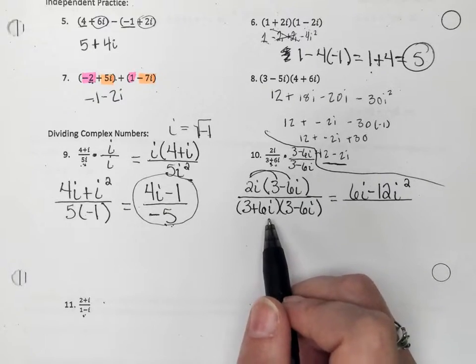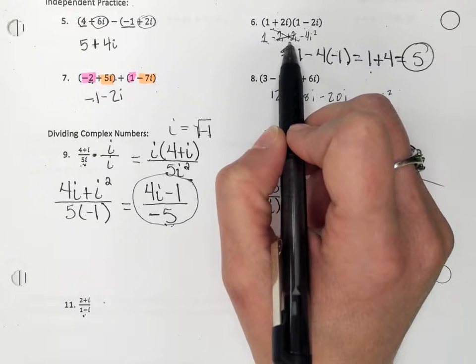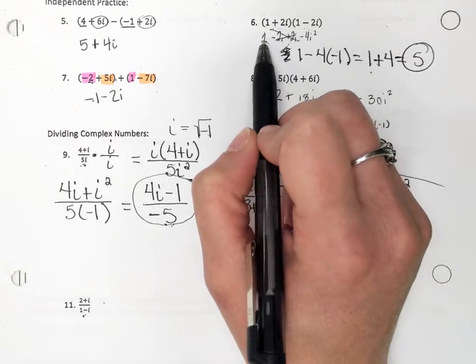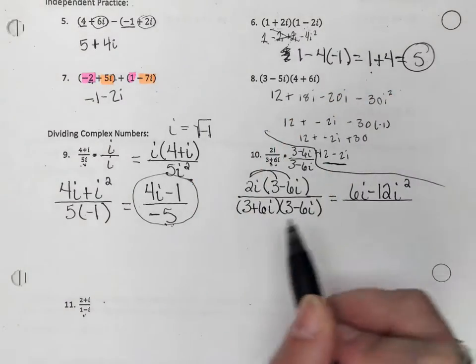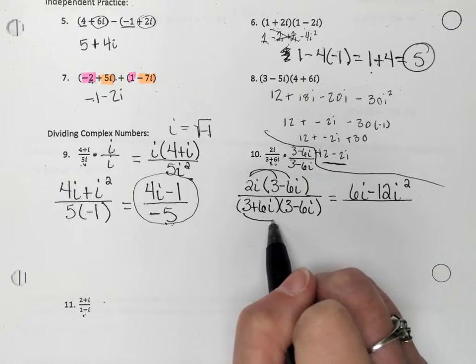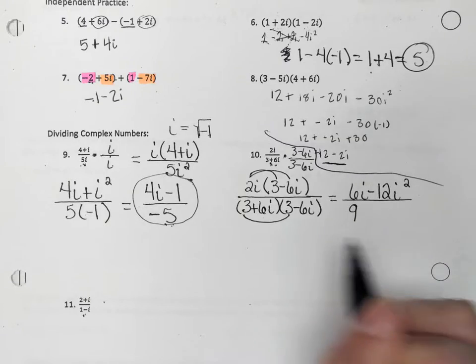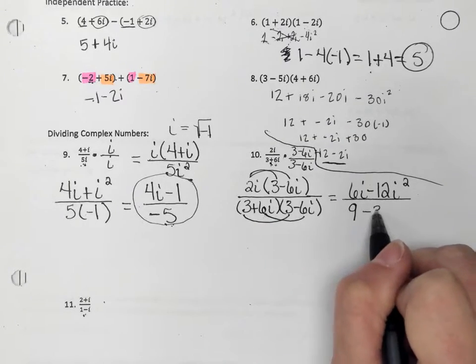You ready? When you do conjugates, what happens to the outer and the inner? They will always cancel out. So all you have to multiply was the first and the last. So make your life easy, okay? Anytime you have conjugates, all you have to multiply is the first, which is 9, and the last, which is negative 36i squared.